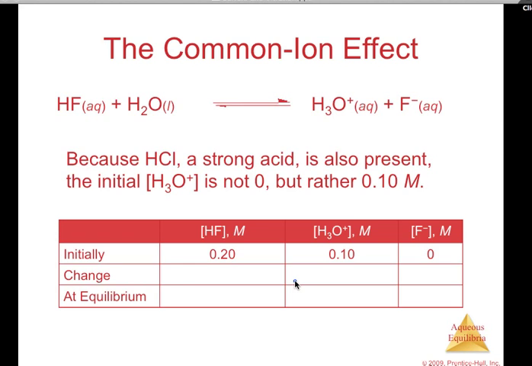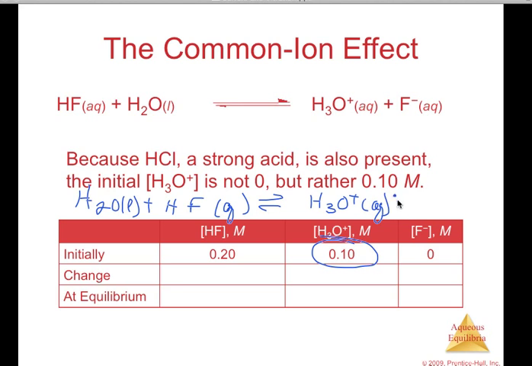So we have some hydronium ion present. This ice table represents our equilibrium; I'll put water over here. Remember, water doesn't enter into the equation, so we kind of ignore it. This sets up the equilibrium with the hydronium ion and the fluoride ion.